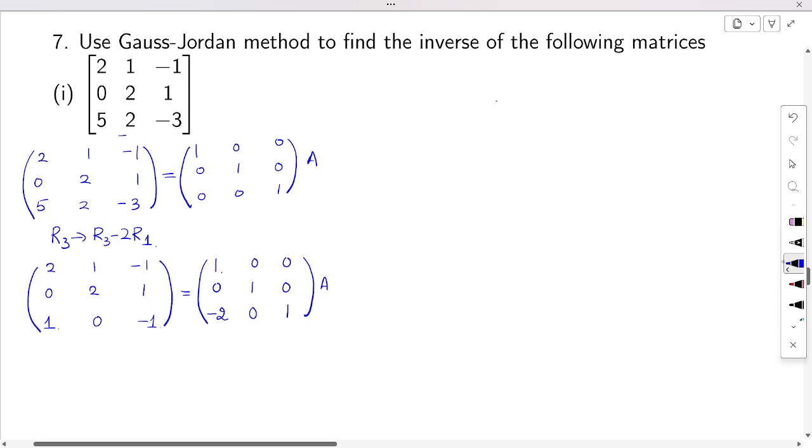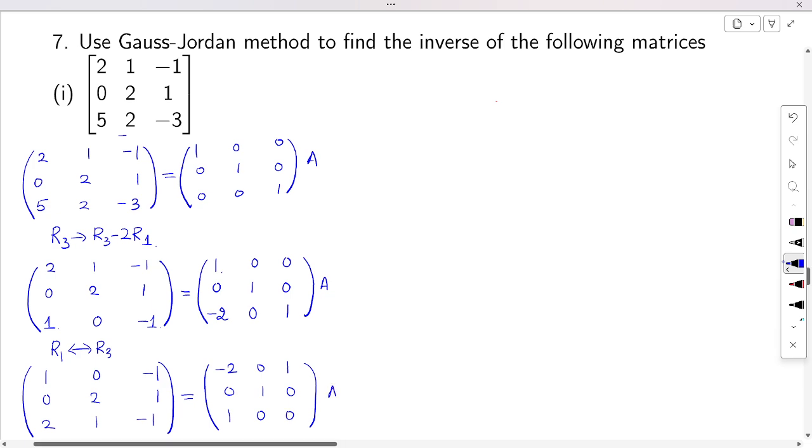Now interchange row 1 and row 3. By interchanging these two rows, I get 1, 0, minus 1, 0, 2, 1, 2, 1, minus 1 is equal to minus 2, 0, 1, 0, 1, 0 and 1, 0, 0 into A. Now apply row 3 minus 2R.